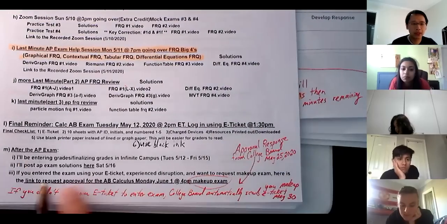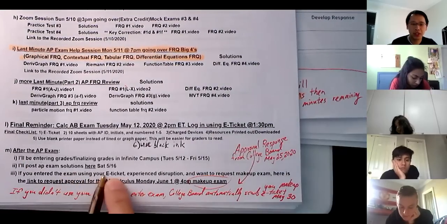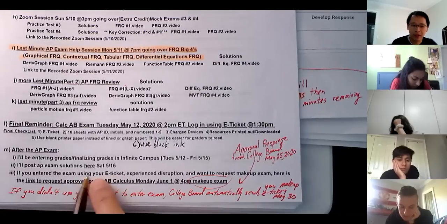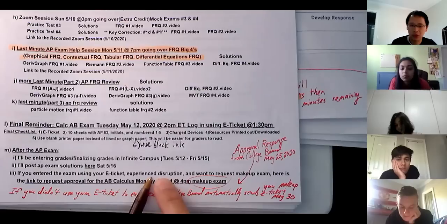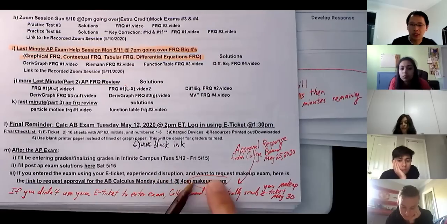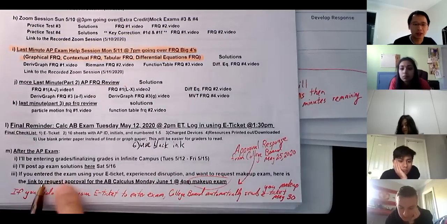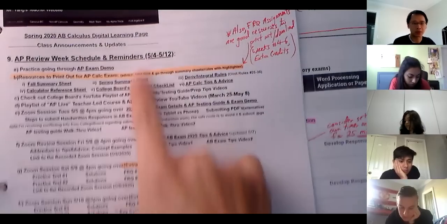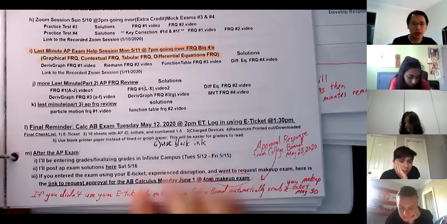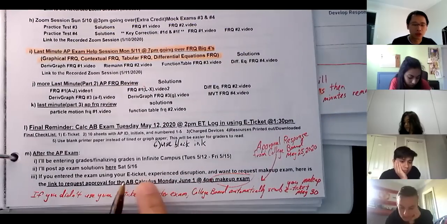So if you entered into the exam using your e-ticket tomorrow and you experienced disruption and you want to request a makeup exam, I have a link at the bottom of the reminder page, the assignment under schedules and reminder. There's no phone number to call.